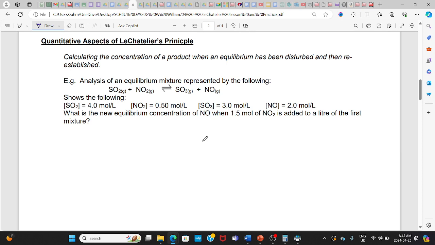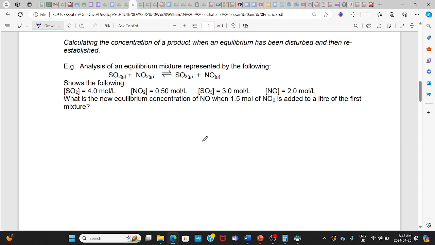We want to calculate the concentration of a product when equilibrium has been disturbed. This is an example. Analysis of an equilibrium mixture represented by the following: SO2 plus NO2 gives you SO3 and NO. They are in the gas state. The equilibrium concentration of each is given to you.